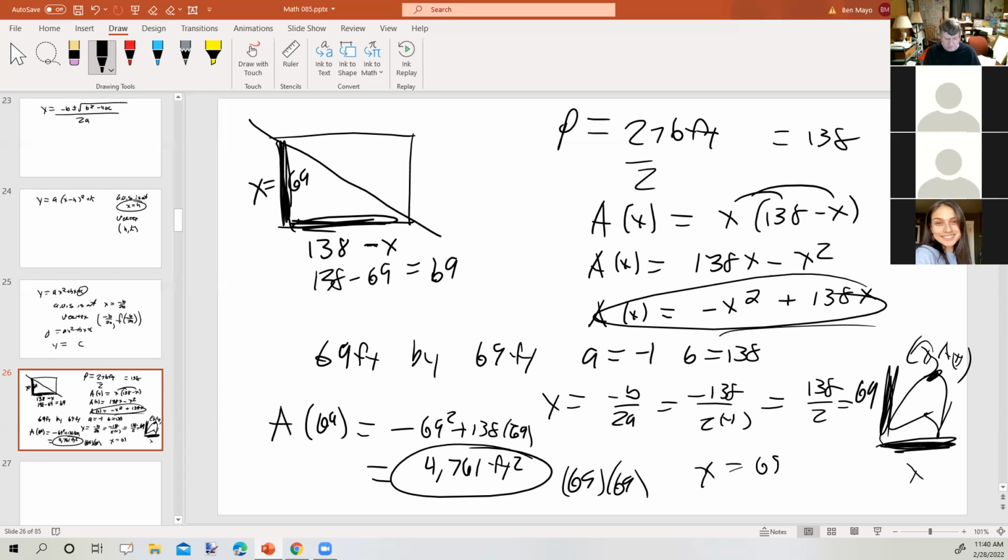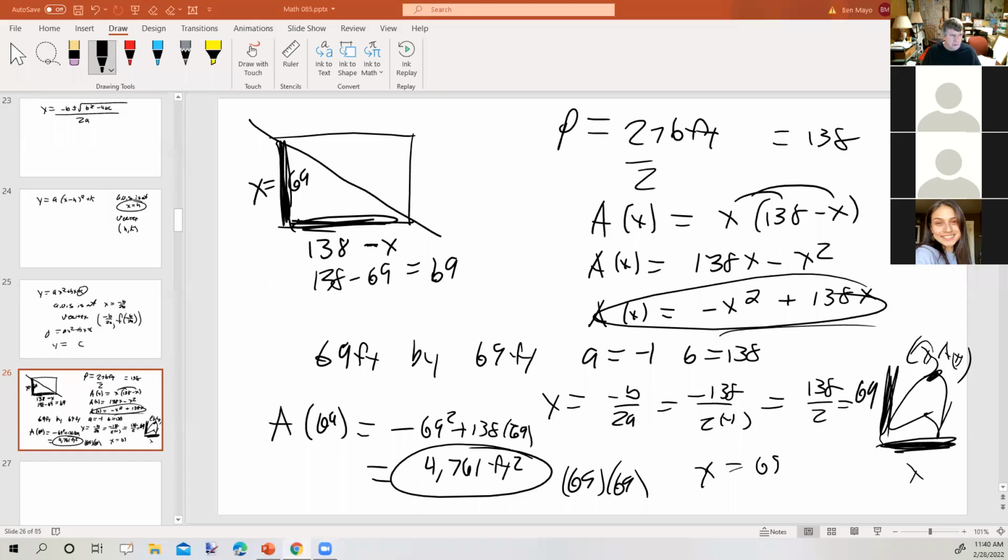I have a different question. On 13 on the review, it says to give the answer in 2 decimal places. It wouldn't accept my decimal places, but it did accept the 1 plus or minus square root over 2. Okay, let's take a look there.